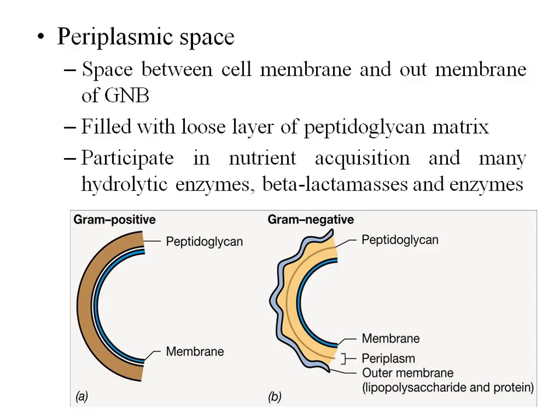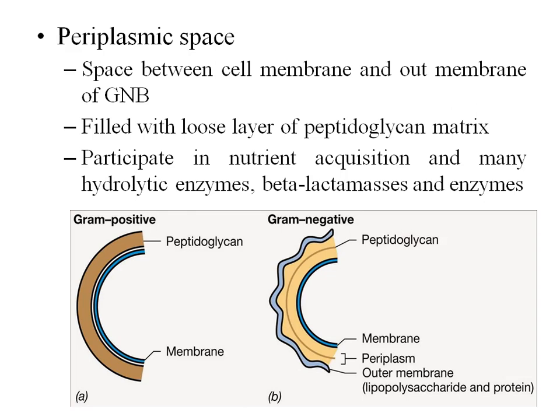So after the cell wall, gram-negative bacteria have a space called the periplasmic space. This space lies between the cell wall and the cell membrane.